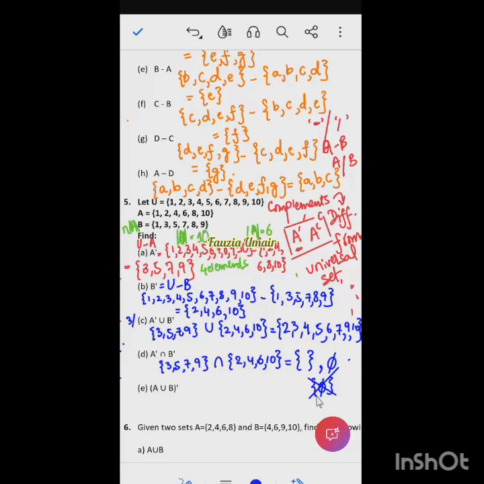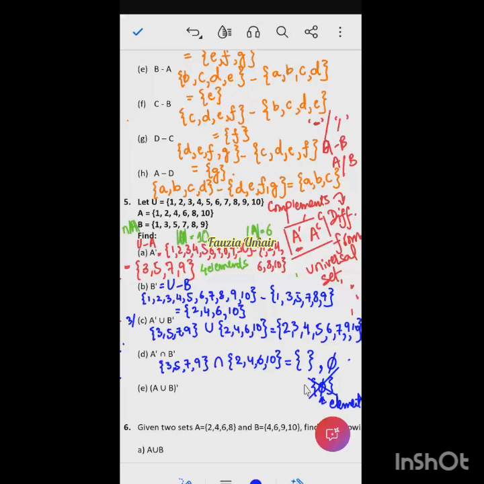It is a singleton set containing this symbol as an element. So either write the empty curly brackets or use this symbol to represent a null set or an empty set.